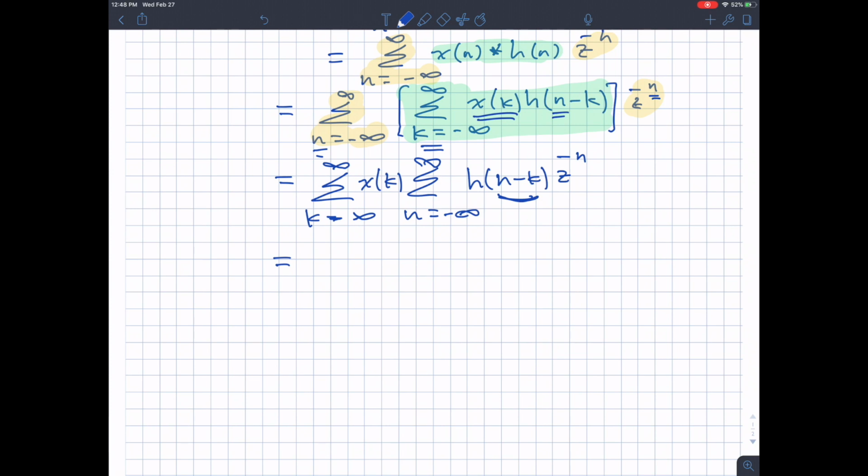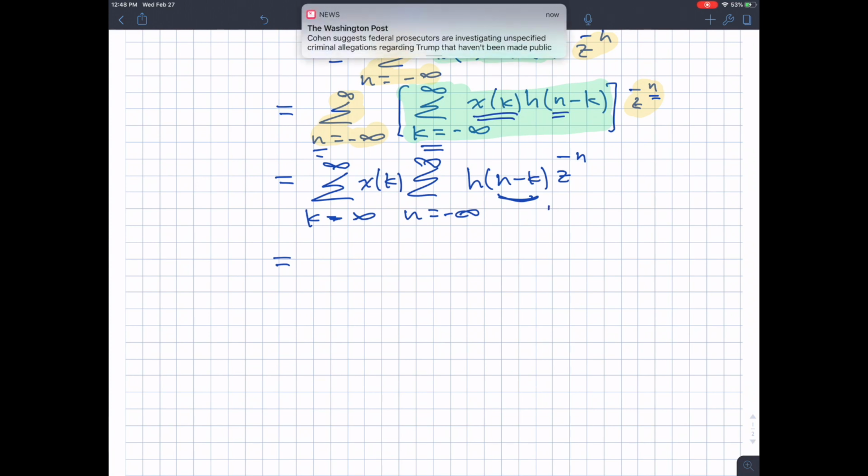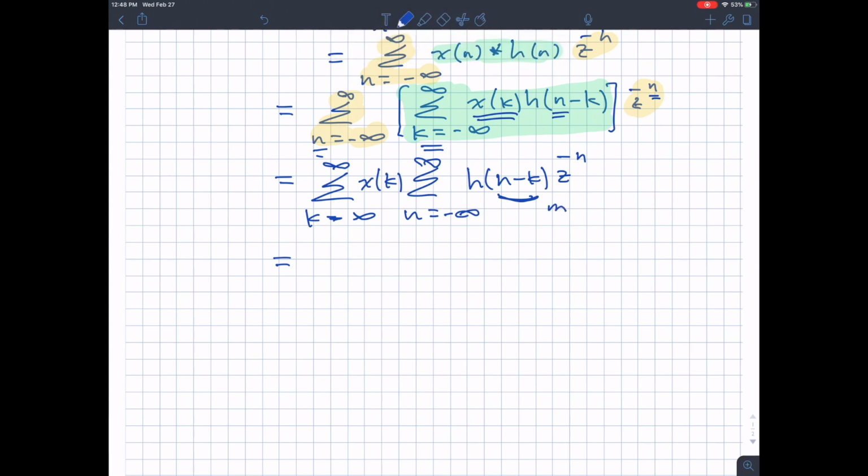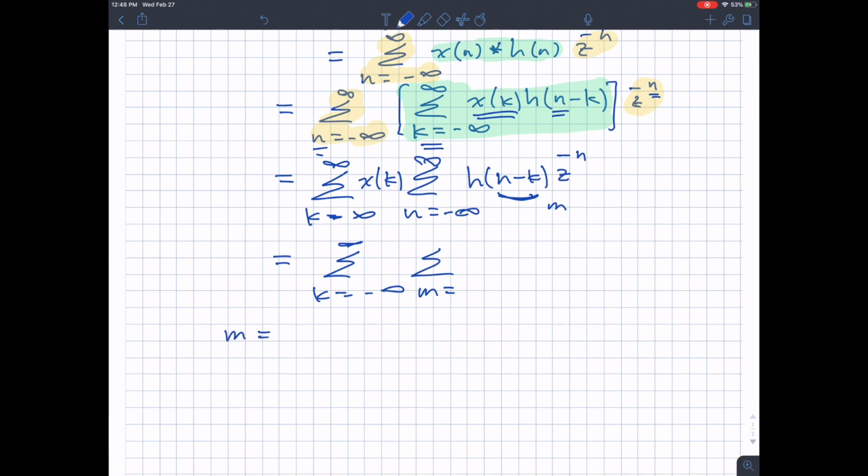Let's make this variable be some other letter, m. So we're going to sum from k equals minus infinity to infinity, and now sum over m, where m equals n minus k.